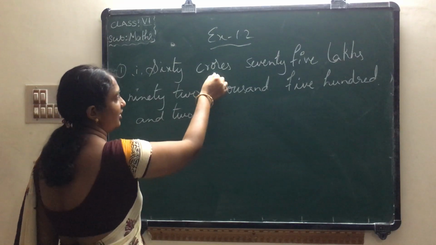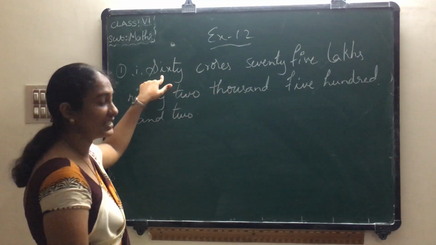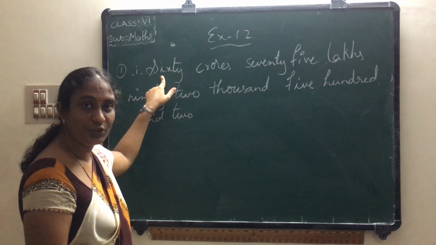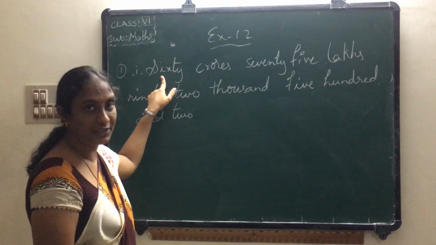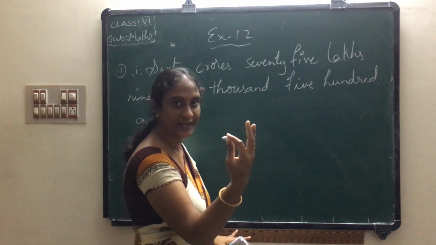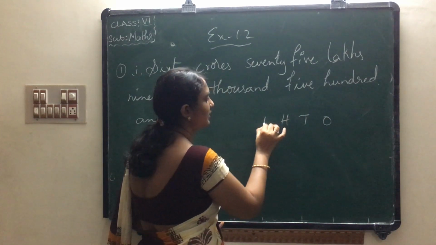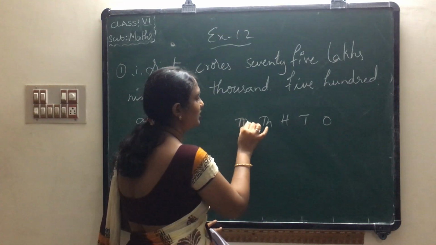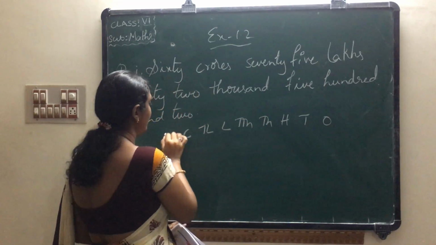What is the highest place value they have given? Crores. 60 crores means we have to write the place values up to 10 crores. We have to start from the right side: ones, tens, hundreds, thousand, 10,000, lakhs, 10 lakhs, crores, 10 crores.